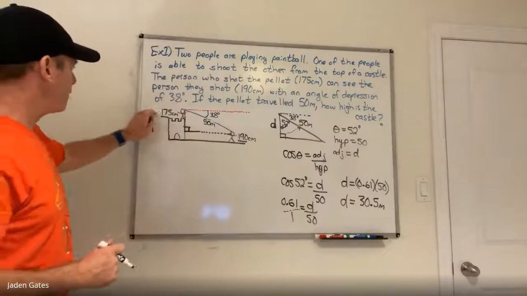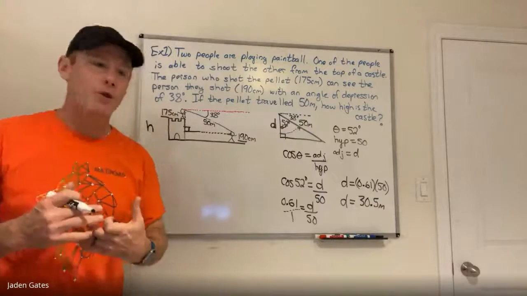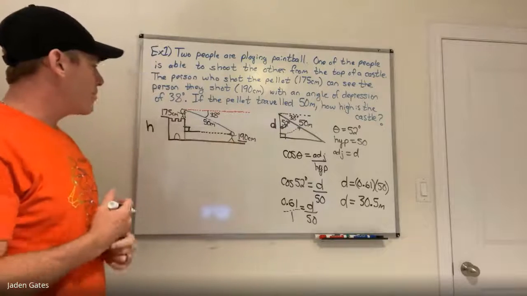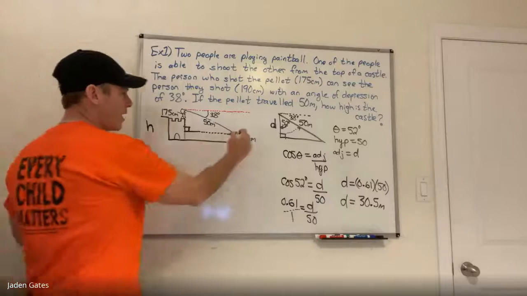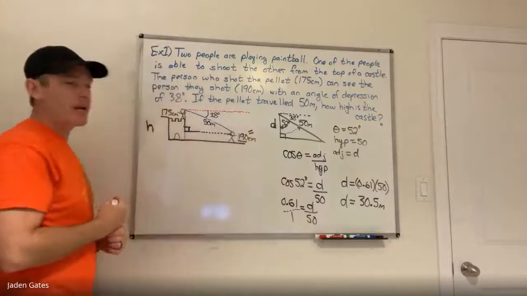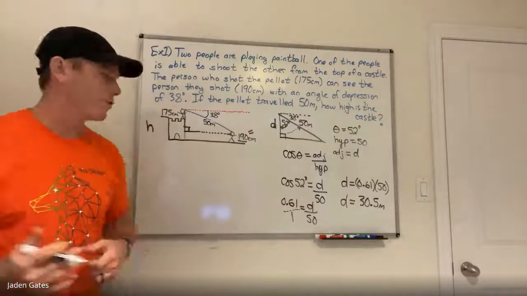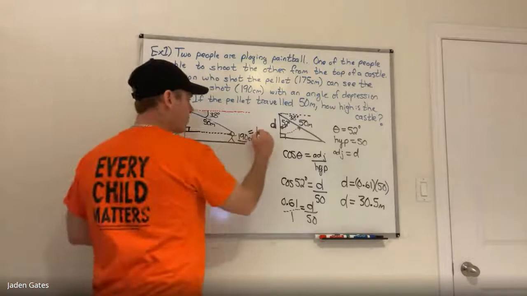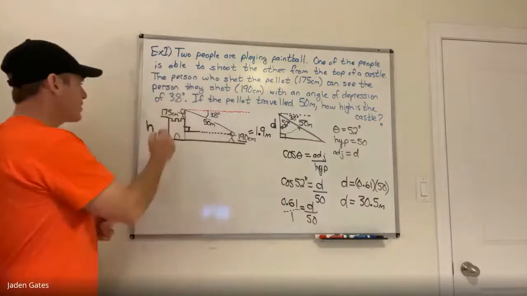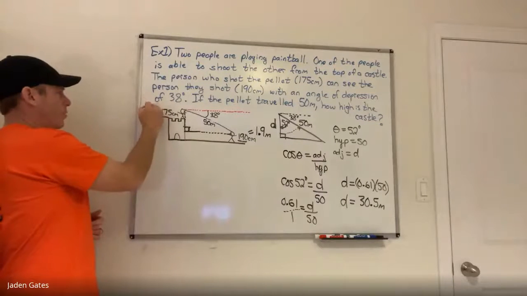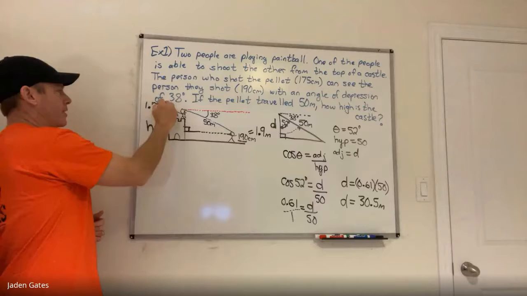So I'm going to flip this, because I have to have them all in the same units. I'm going to convert centimeters into meters. To convert centimeters to meters, you divide by 100. So 190 centimeters is in fact 1.9 meters. Our 175 centimeters is going to be 1.75 meters.